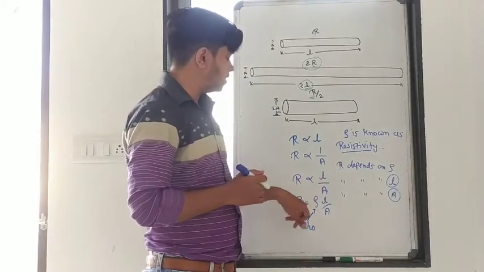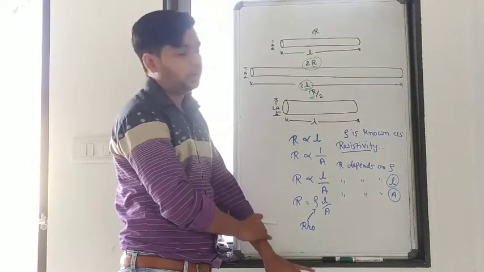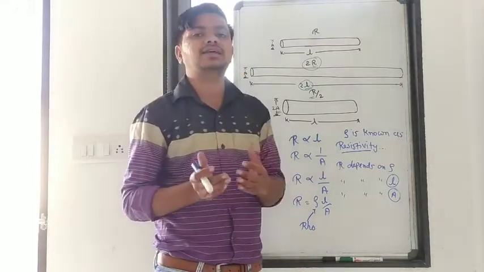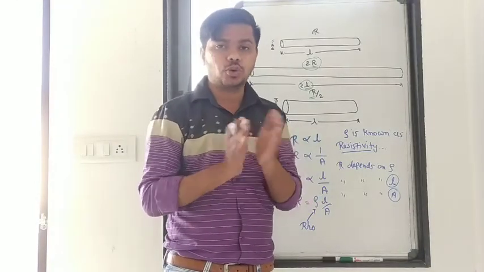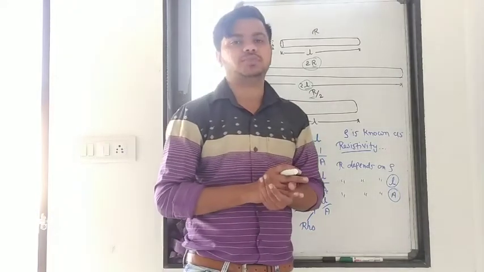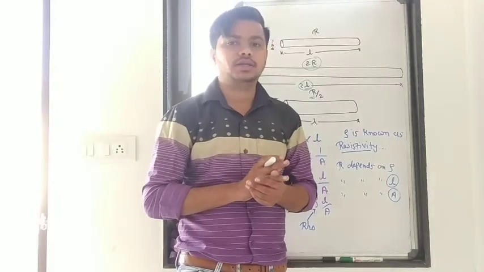Okay, so R is equal to rho L upon A, where R depends on rho, L and A. Rho is the resistivity, right? So R is directly proportional to the resistivity, which depends on the material of an object. Which type of material we are using also gives the value of resistance.